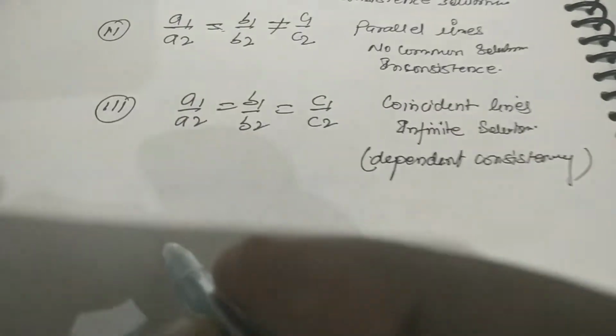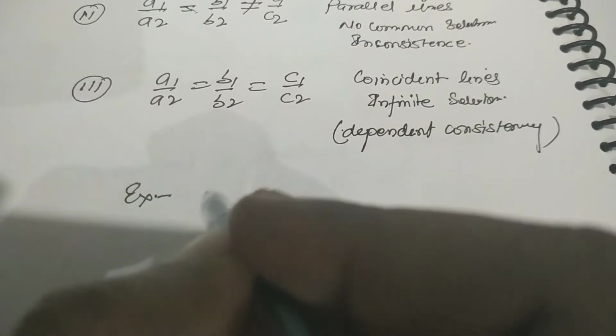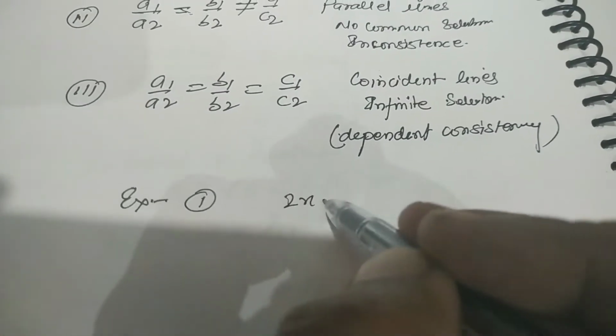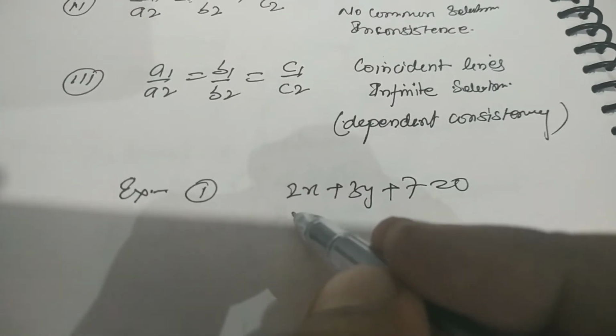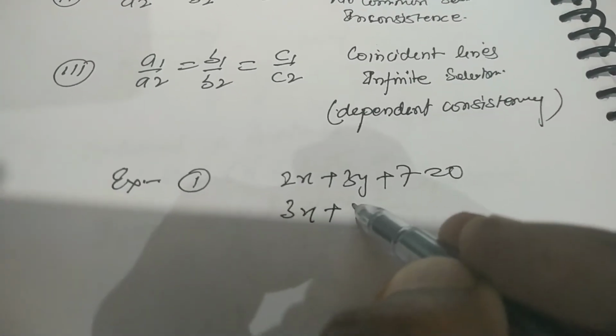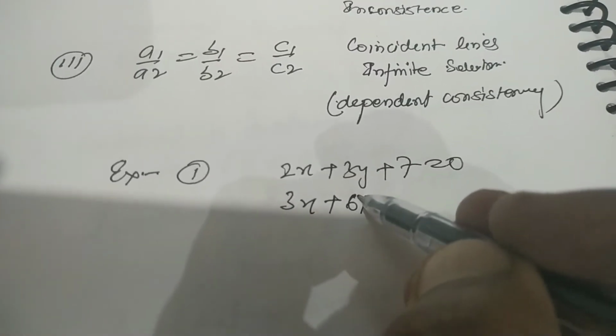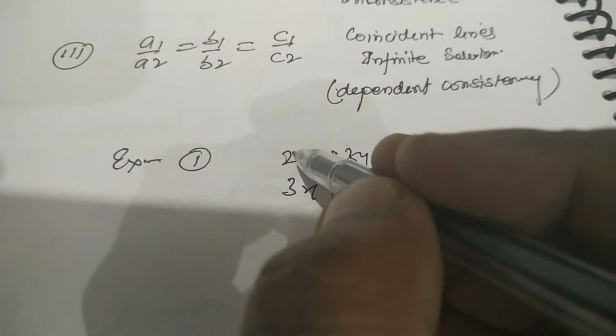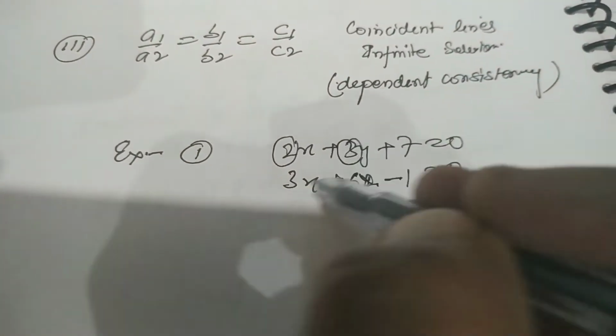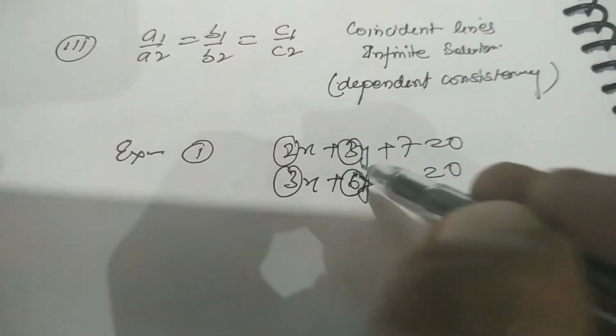See example 1. If 2x + 3y + 7 = 0 and the second equation is 3x + 6y - 1 = 0. So this is a1, this is b1, a2, this is b2.